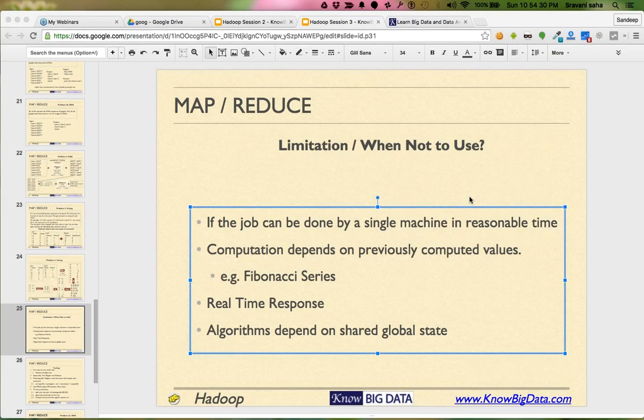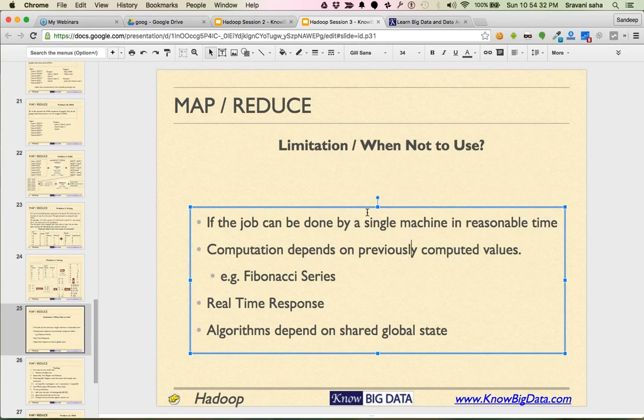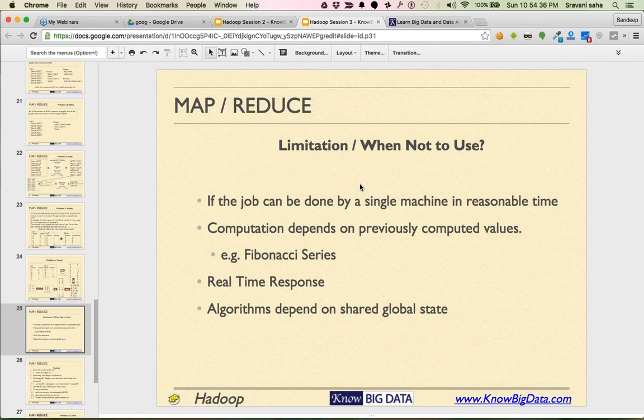There's a tendency I see that the first thing a developer's mind thinks about is, can I solve this using MapReduce? Like with other frameworks, there is a tendency that no matter what, we have to use the new framework which we have learned. So let me warn you that not every problem is suitable for MapReduce.